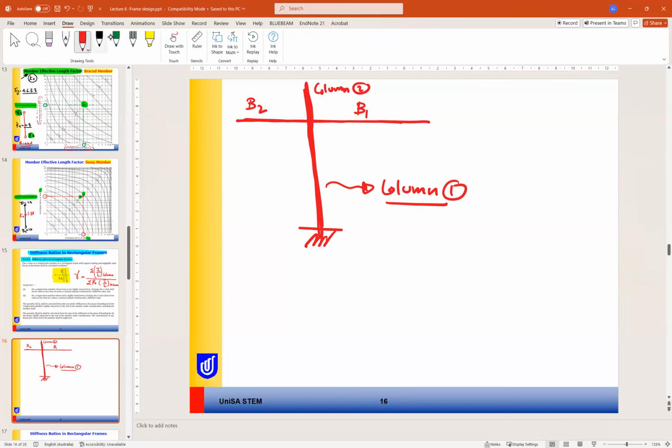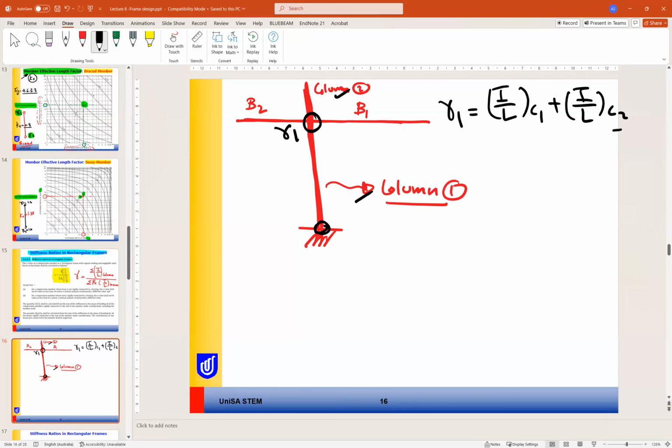So if we are calculating gamma 1 here, gamma 1 should be summation I column 1 divided by L column 1. No, let's just remove the summation now, because how many columns do we have? Two. So we have I over L for C1 plus I over L for C2, divided by how many beams do we have?